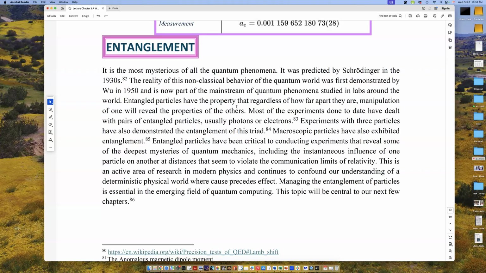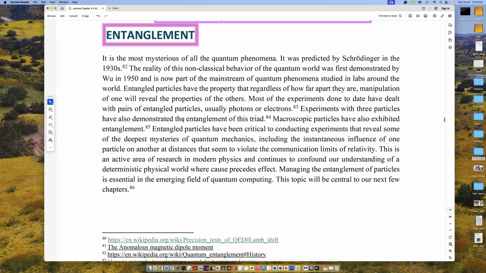Entanglement has this mysterious feature that there's some correlation between properties that are entangled without any connection existing between them. Now, how do we know there's no connection?